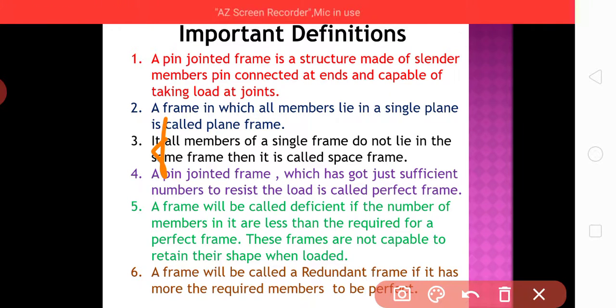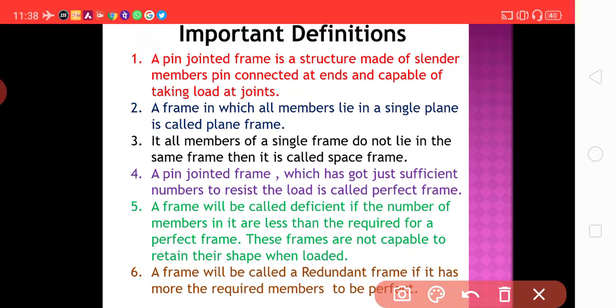A frame will be called deficient if the number of members in it is less than required for a perfect frame; these frames are not capable of retaining their shape when loaded. A frame will be called a redundant frame if it has more than the required number of members to be a perfect frame.